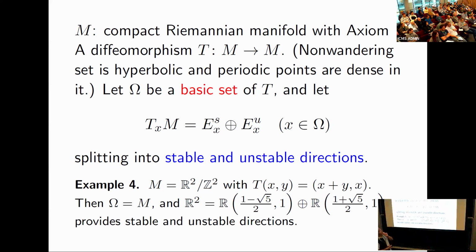In this case, the non-wandering set is equal to the total space M, and the basic set is only one set, also equal to M. This is the eigenvalue decomposition of the space R2, and this provides the stable and unstable directions. This is the stable direction, and this is the unstable direction. This is a very simple example of an Axiom A diffeomorphism.